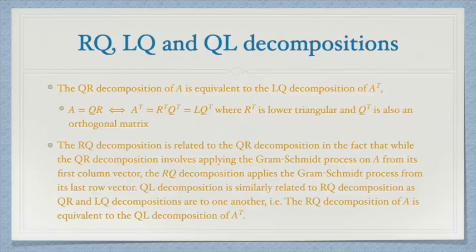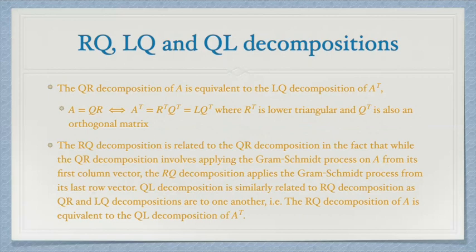Now, as mentioned previously, we can also relate the QR decomposition to the RQ, LQ, and QL decompositions. The QR decomposition of A is equivalent to the LQ decomposition of A transpose, as shown below. If I write A is equal to QR and I take its transpose, I get A transpose equal to R transpose Q transpose.